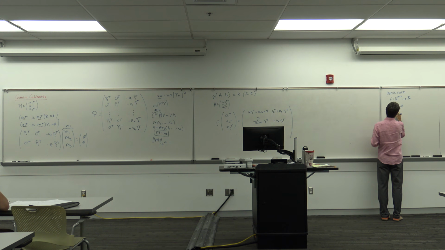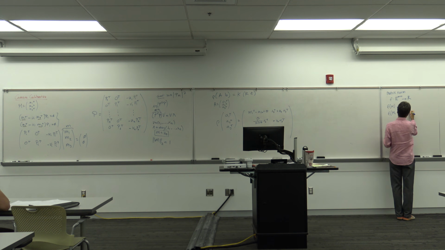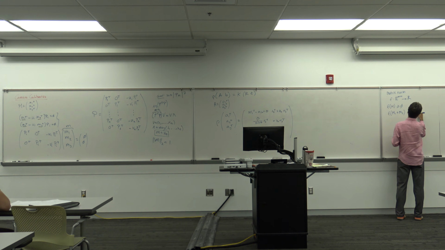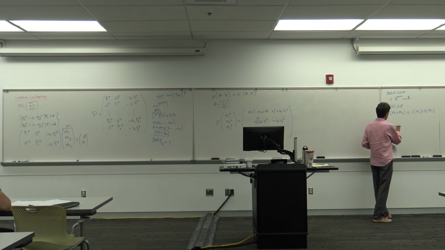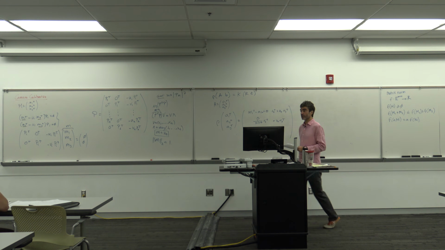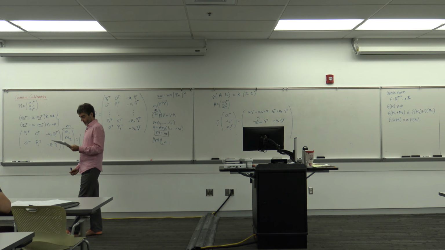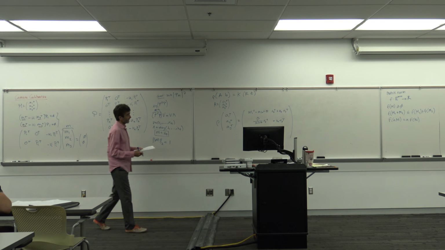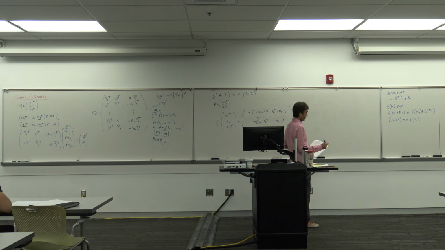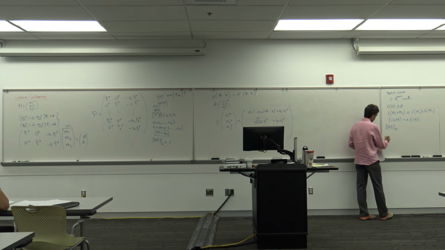F of M1 plus M2, where M1 and M2 are two different matrices, has to be smaller or equal than F of M1 plus F of M2. And F of alpha M has to be equal to alpha F of M, right? Any metric or norm, excuse me, has to abide by these properties. For matrices, the most common norm that we will work with is called the Frobenius norm.